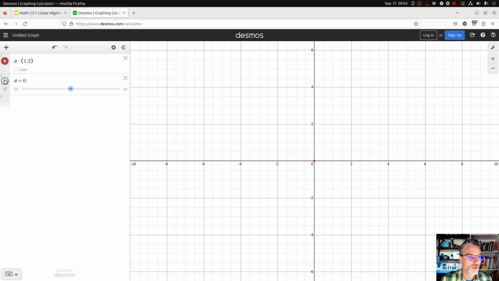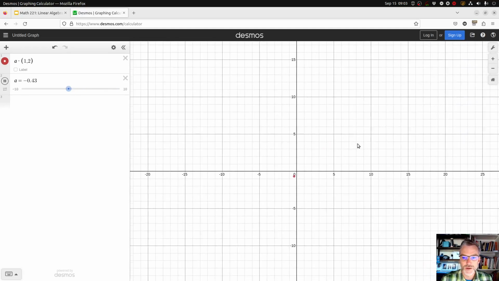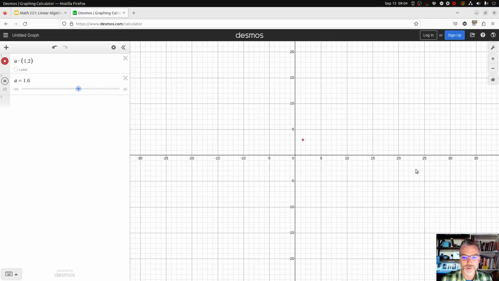Let me just animate this. You look at what's happening when I scale this vector by a constant. This constant's just limited between -10 and 10. But you could imagine if it goes through all real numbers, this point is sweeping out a line.